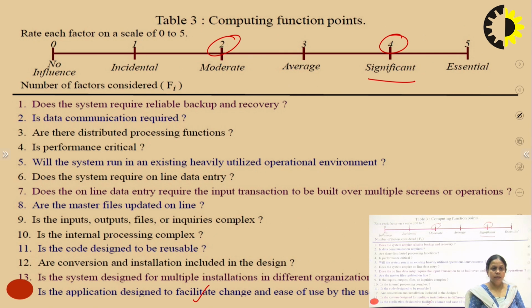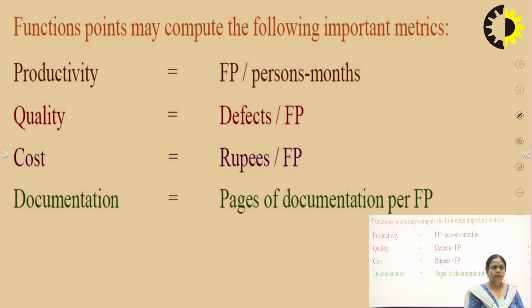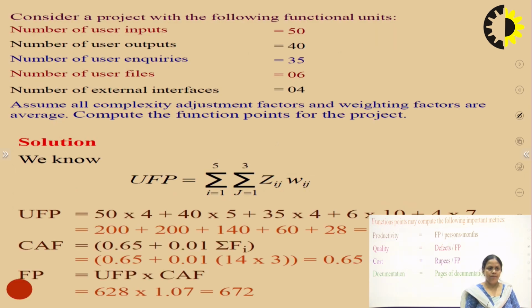Now, we will see some examples of the function point, how we can calculate function points. These are the important metrics we will calculate with the function point: productivity, which is FP divided by person-months; quality, defects per FP; cost, rupees per function point; documentation, pages of documentation per FP.